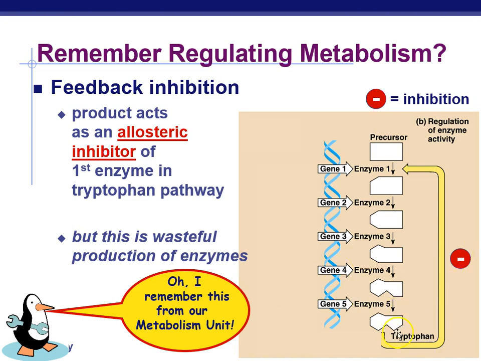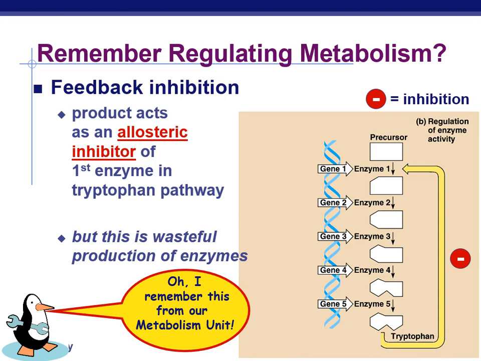So as it goes here, tryptophan is actually an inhibitor to the first enzyme that would create it. So when you have enough tryptophan in your system, it can actually act as that allosteric inhibitor, meaning it binds to a spot on the enzyme number 1 here, opposite of the active site, which then shuts down this enzyme so that we stop making the enzymes to create tryptophan.